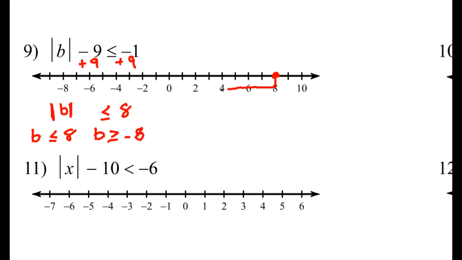That goes this way. Greater than negative 8 starts here, goes this way, and they end up connected. So it's like there's two different arrows. There's still two different inequalities. They just end up connecting with one another and make a between statement. So it's everything between negative 8 and 8. So negative 8 less than or equal to b less than or equal to 8.